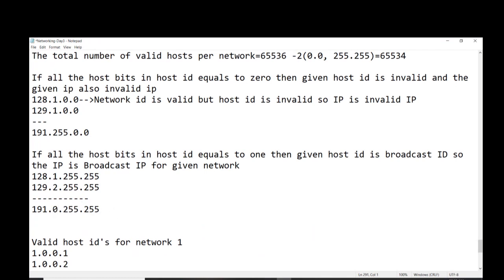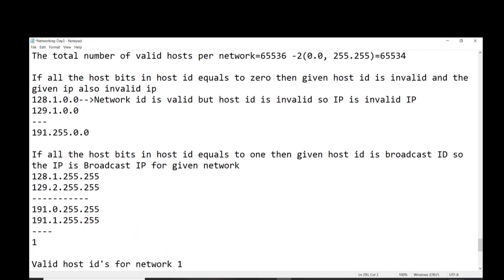Then 191.1.255.255, all are broadcast for each network like this. And the last one is 191.255.255.255, all broadcast IP.